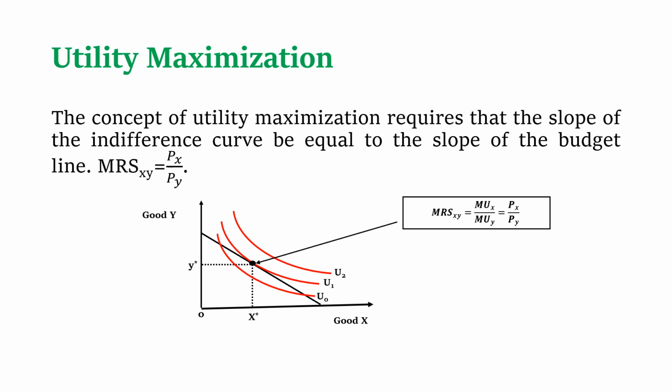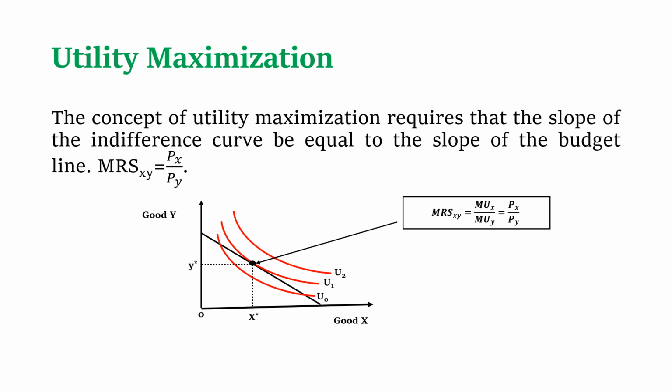So, where the indifference curve is tangential to the budget line gives the optimal bundle of X and Y. That comprises good X and good Y, where X is X star and Y is Y star.